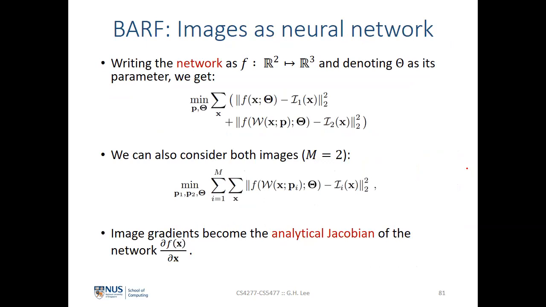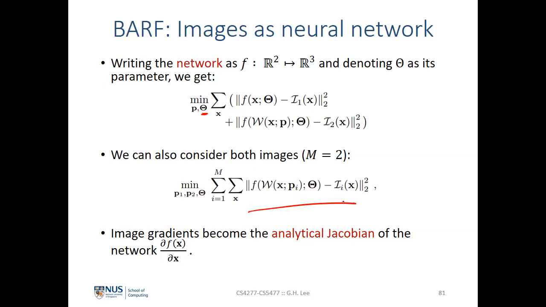Now one of the images becomes a neural network. That means that you render it onto the other view and you take the subtraction of this. So you can also optimize over that neural network and minimize the photo consistency over the pose. If you consider two images on both sides, this is what you can do, basically with summation from i equals 1 to n, where n equals 2.